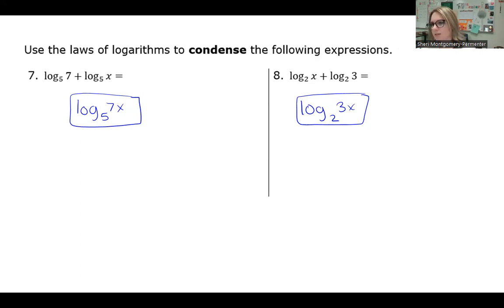Number 7 and number 8 are basically the same thing. But we don't usually write the variable first. We usually write the coefficient first. Are we good so far?